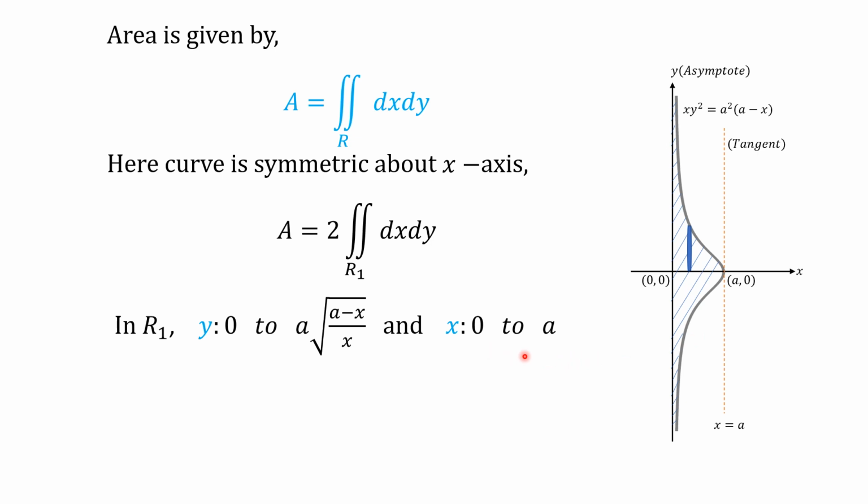So x varies from 0 to a, and therefore the area A becomes A is equal to 2 times the integration from 0 to a, integration from 0 to a into square root of (a minus x) upon x, dy dx. Now we will solve this integral further.